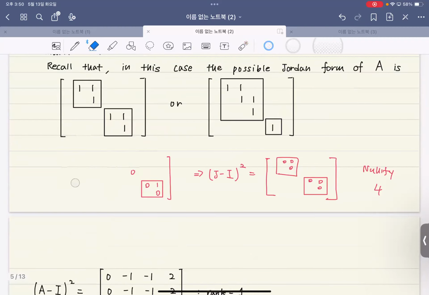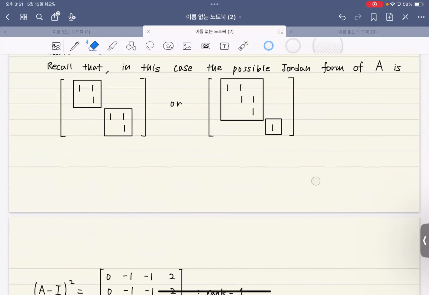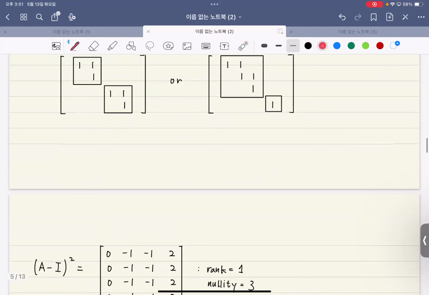But if this guy were the Jordan form of A, then everything just matches clearly. So J minus I is, in this case, 0, 0, 0, 1, 1, and 0.